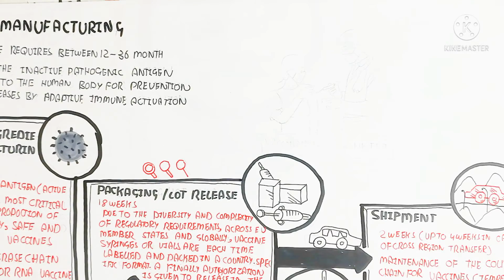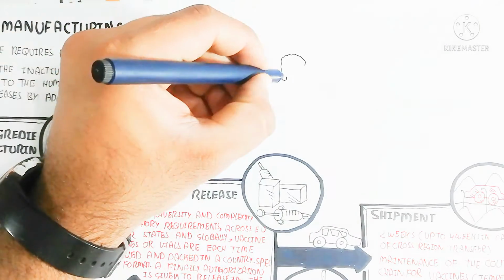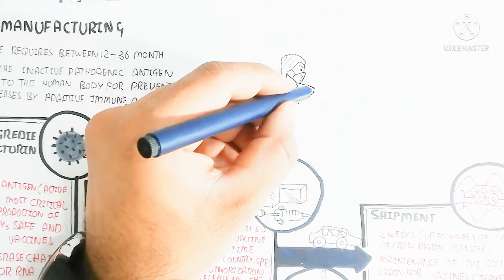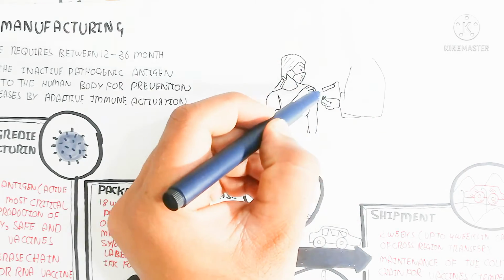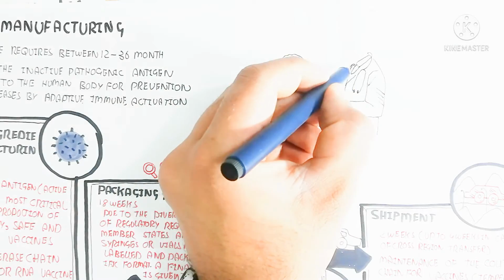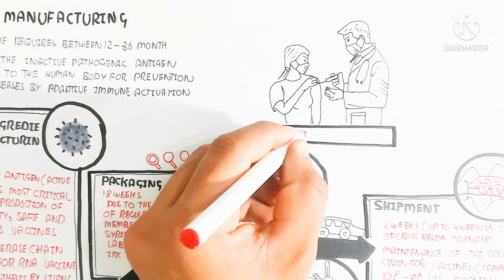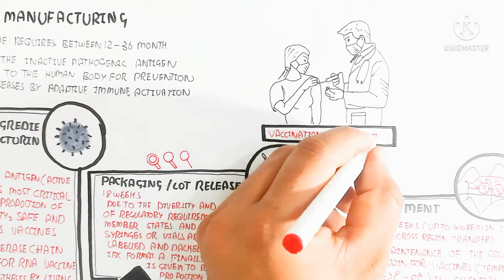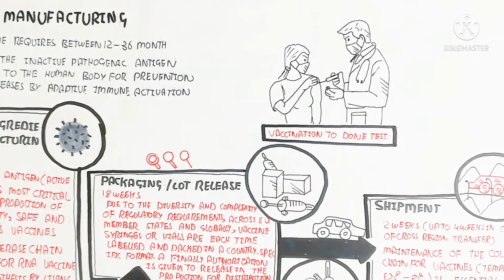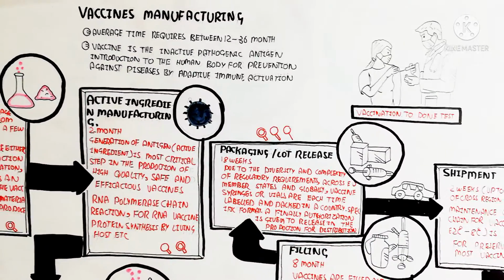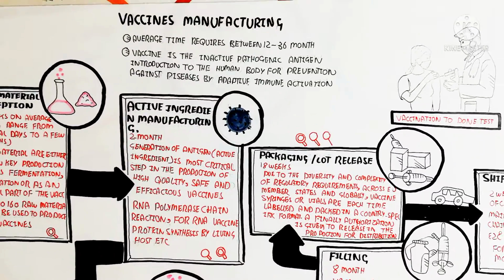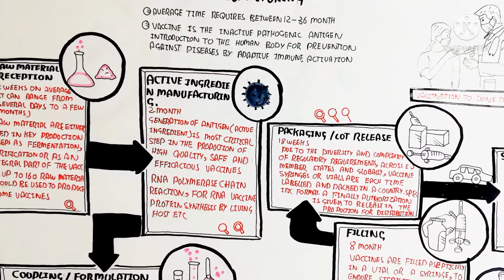You can export it to the required country or place. After this, the vaccine is tested by the first person, and if the vaccine is clear and the person remains disease free, then vaccine manufacturing is positive.